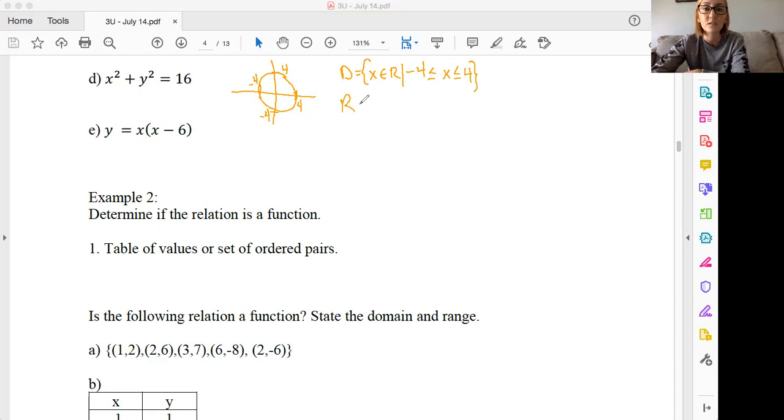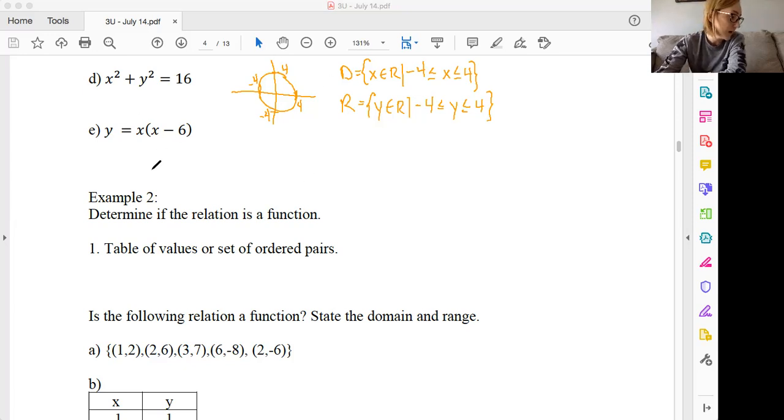And your range is going to be the exact same thing, because if you look at your y-axis here, it's between the points 4 and -4. So y is an element. I doubt that I would ever ask you to do this on a test, because you guys aren't versed in those kinds of graphs.